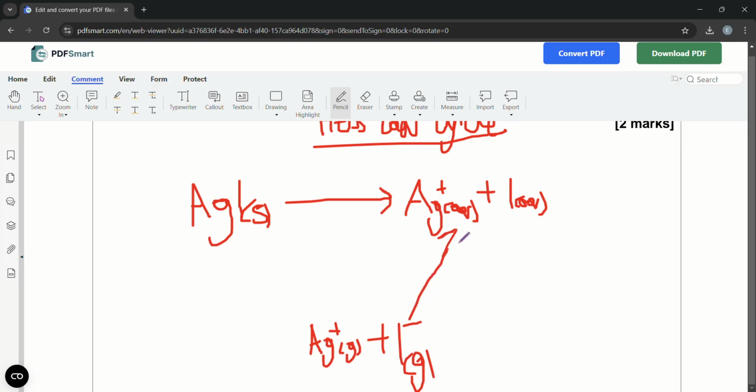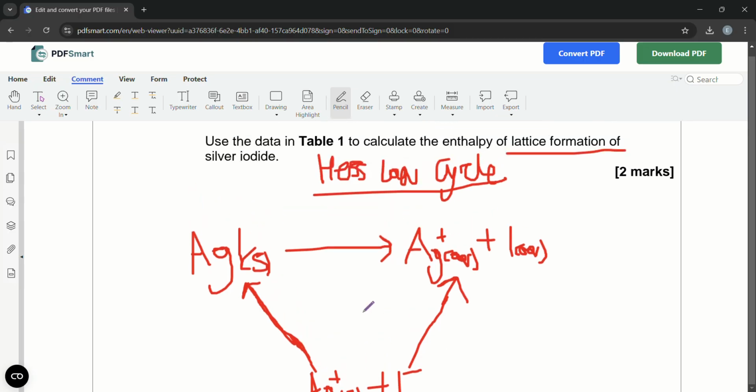A lot of constructing these cycles is learning key rules and just practicing it a bunch of times. And I'm going to be honest, this is one of my weak points in chemistry, constructing Hess's law cycles. So just keep practicing if you don't understand it.